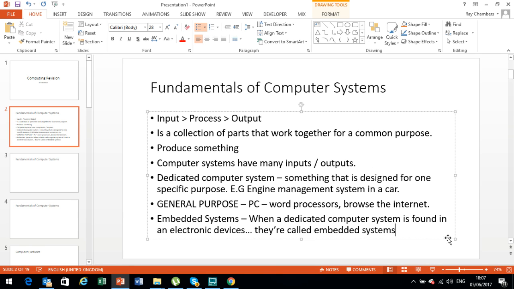You will need to know what an embedded system is for the exam. It's basically a computer system that forms part of an electronic device. You may have general purpose systems, you may have Linux and different operating systems, but an embedded system is found in electronic devices, like an MP3 player.